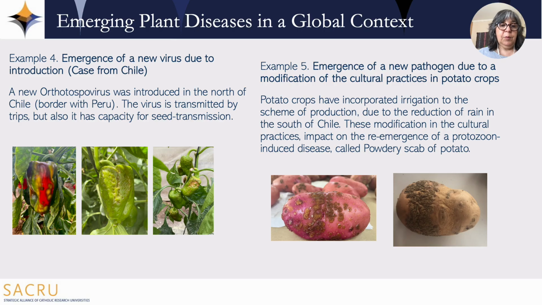The first example, to the left of the slide, you can see the emergence of a new virus. In this case, it's a new virus that is vectored by a thrips, which is an insect. But the problem is that this virus we have discovered is also transmitted by seeds.